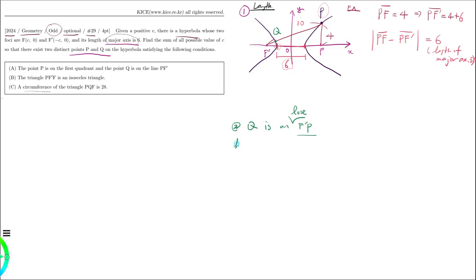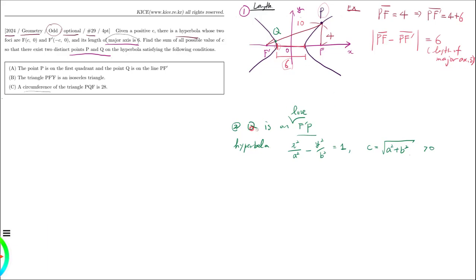The hyperbola is a quadratic form, like x squared over a squared minus y squared over b squared equals 1, and its positive focal point x coordinate is square root of a squared plus b squared in this case.